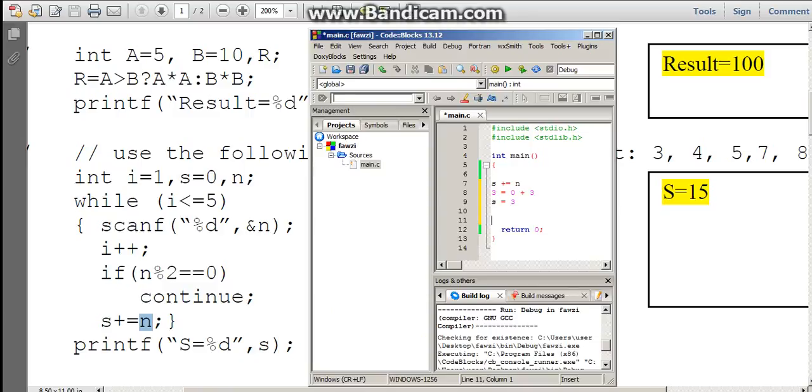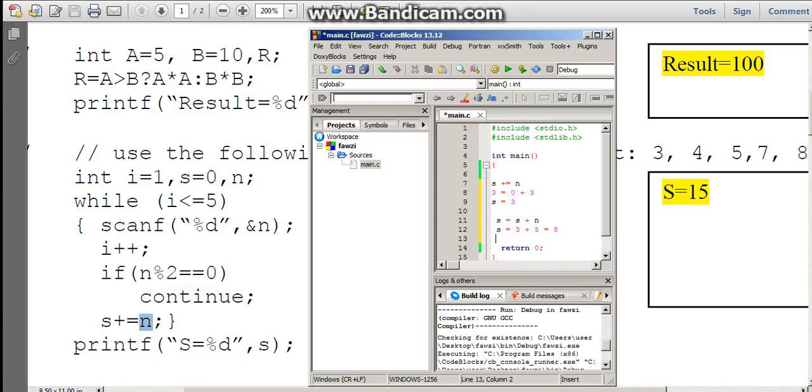Our previous one was 3, s is equal 3, and as I explained to you, now we just say s equal to 3 plus 5. It's gonna be equal to 8.